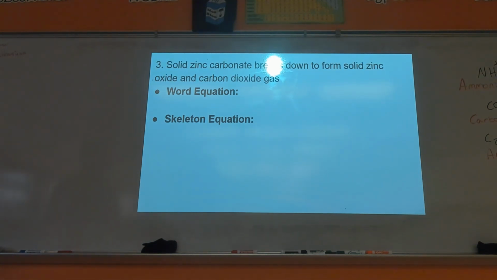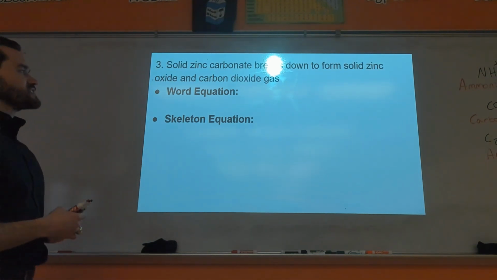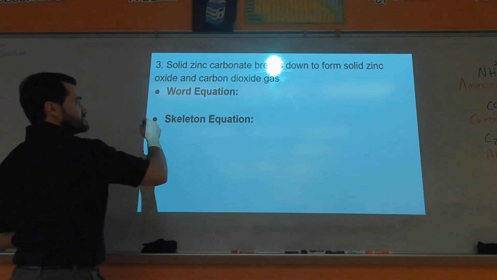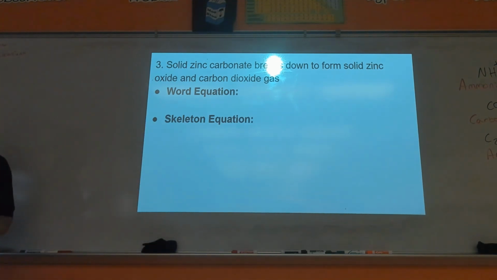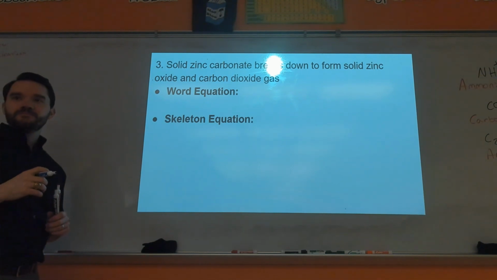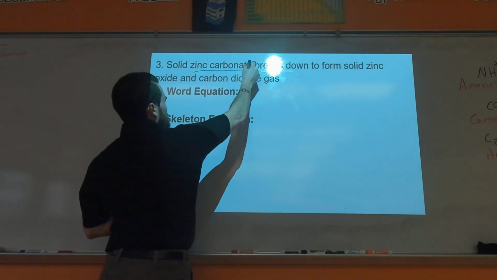Solid zinc carbonate breaks down to form solid zinc oxide and carbon dioxide gas. So what would be my reactant here? Or reactants? Not solid zinc oxide. It'd be zinc carbonate, breaks down.